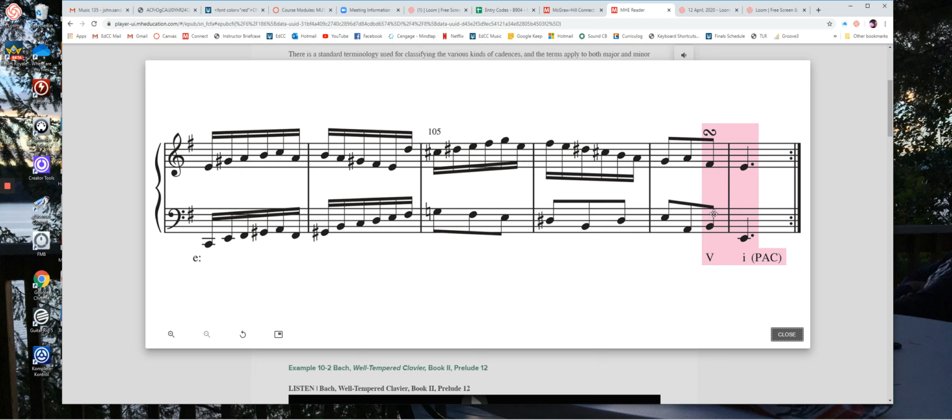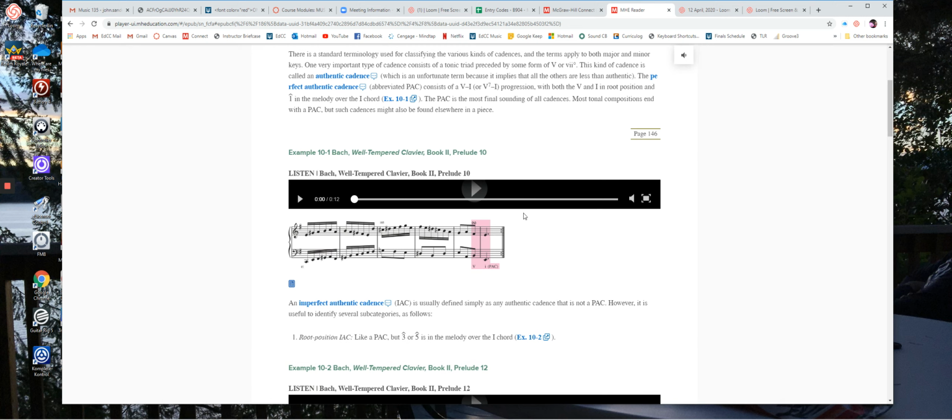You need those 3 things to have a perfect authentic cadence. Again, an authentic cadence involves 5 chordness to 1 chordness, or 7 diminished to 1. That's the ness part. And on that 1 chord, you must have do in the soprano. That is the most perfect and the most conclusive sounding cadence you can have.